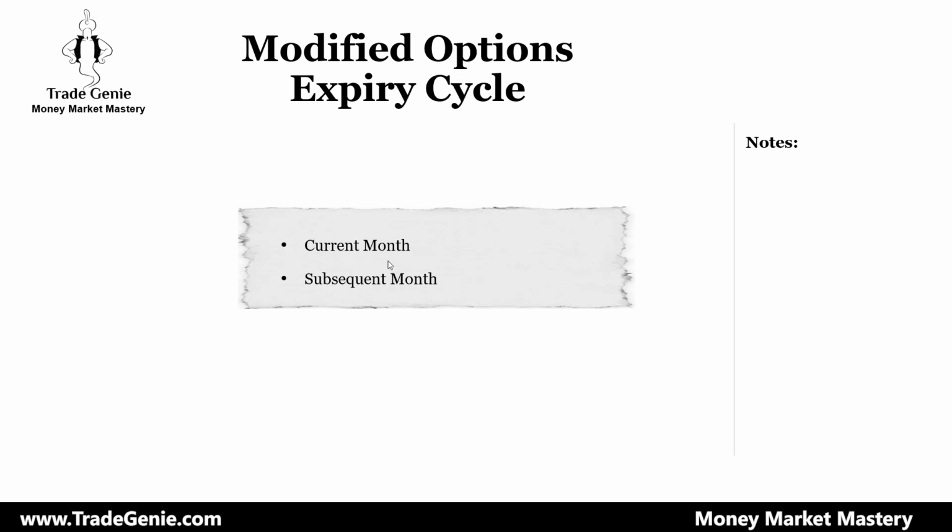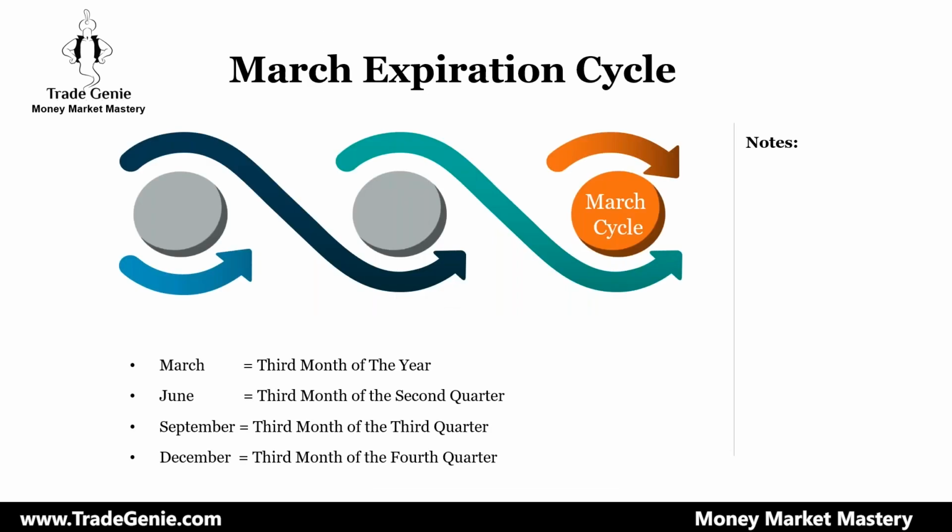So there is a subsequent month, and the current month is always there. Imagine if you didn't have a current month and a subsequent month, and options were assigned just based on the January, February, and March cycles. Then it would depend on which quarter. If it's the March cycle, we would see only March, June, September, December.